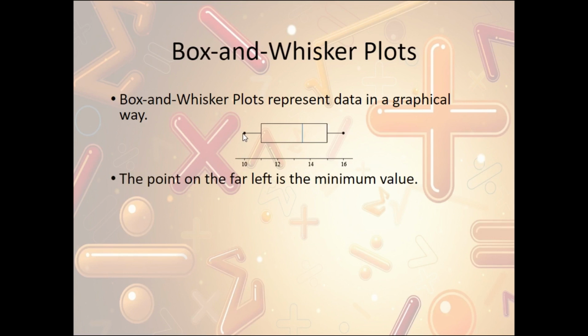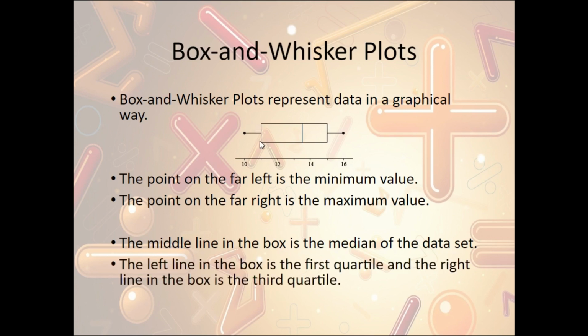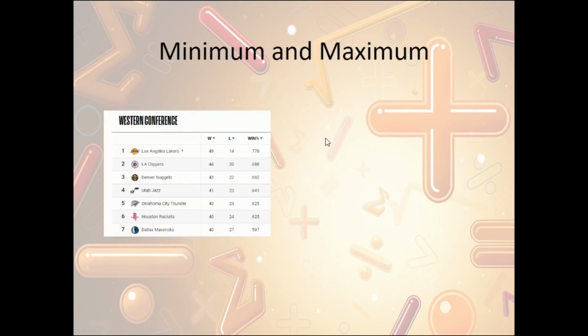That is the bottom edge of the range. The point on the far right is the maximum value, or the largest number in the set. The line in the middle of the box is the median. And then the left side of the box we call the first quartile, and we call this one the third quartile.